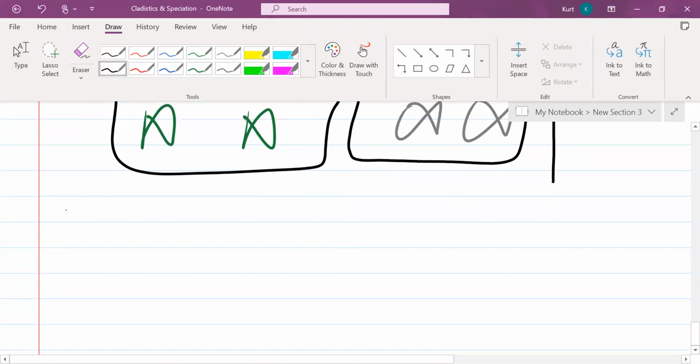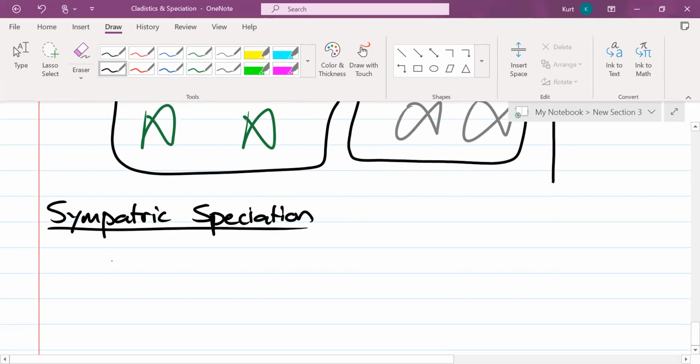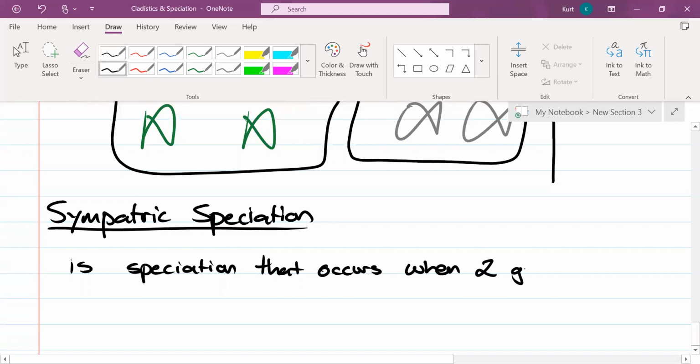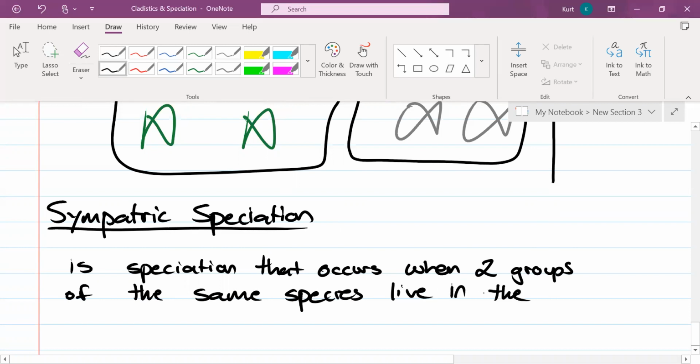Well, the other type is called sympatric speciation. Sympatric speciation is speciation that occurs when two groups of the same species live in the same area.